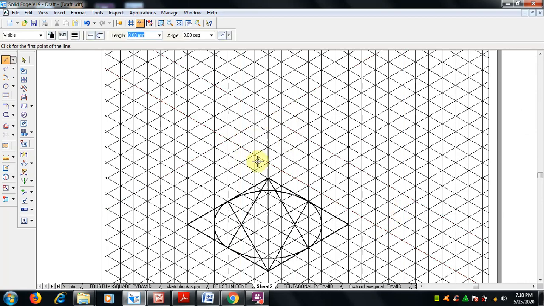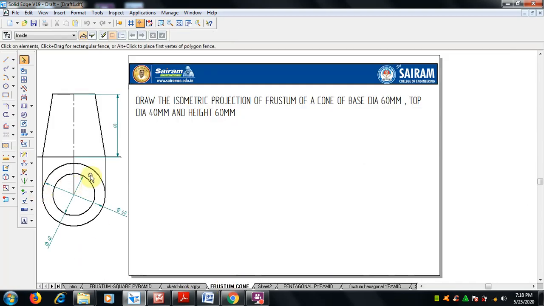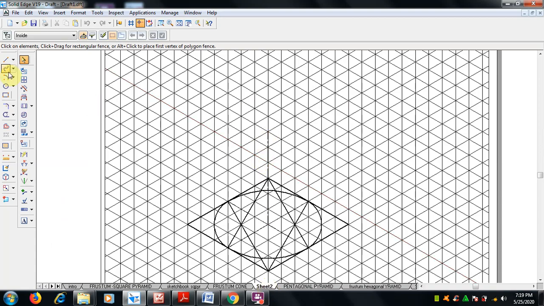So 40, as I said, how to draw the 40 square here. The top circle is 40 dia, so we have to make a square of 40 here. So to draw 40, first what I am going to do is draw from this end. Okay, I will draw downwards 20, 2 blocks, 1 and 2.